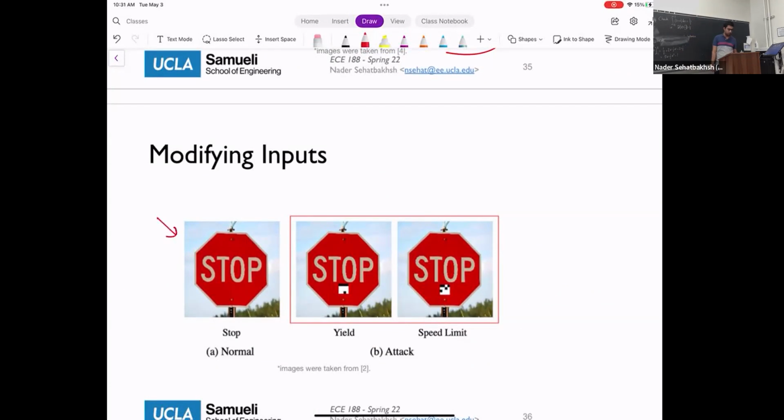For example, if you have a normal stop sign and somebody physically adds a patch to it on a specific street, and autonomous cars such as Tesla use their cameras to read this stop sign, people have shown that this results in a different classification label. Depending on which patch you add, it could result in different labels: one could be yield, one could be speed limit, and many other things.